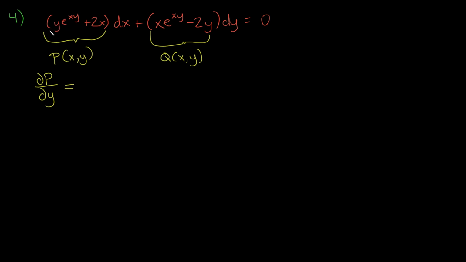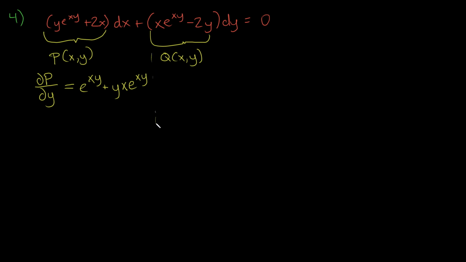First, for this y e^(xy) term, let's take the derivative with respect to y. So that's 1 times e^(xy), and then we don't take the derivative of this e^(xy). Now in the second term from the product rule, we're not going to take the derivative of y, but do take the derivative of e^(xy), which is going to bring down an x from the chain rule, and of course e^(xy) stays the same. And now the derivative of 2x with respect to y is 0, so we can leave it as that.